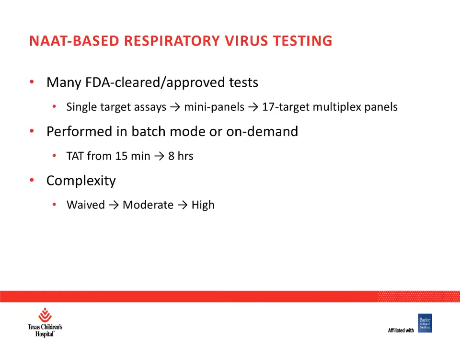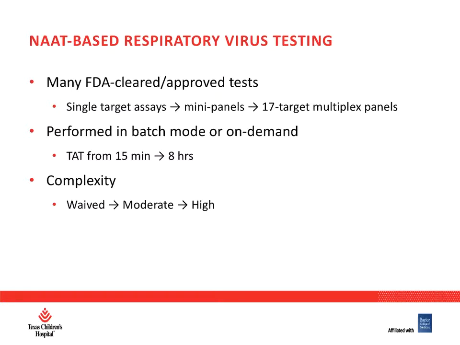So we have assays that may be just specific for flu A and B or RSV. We have some mini panels where we can combine flu A and flu B and RSV and that sort of thing. And then we have our broader, highly multiplexed type of respiratory panels where we can potentially detect upwards of 16 or 17 different targets from one sample at the same time.